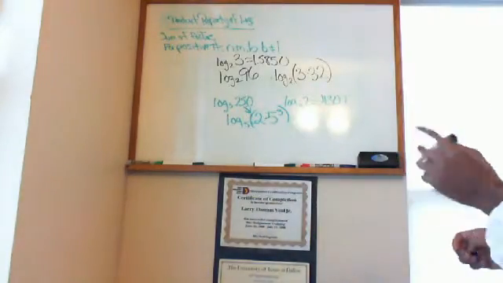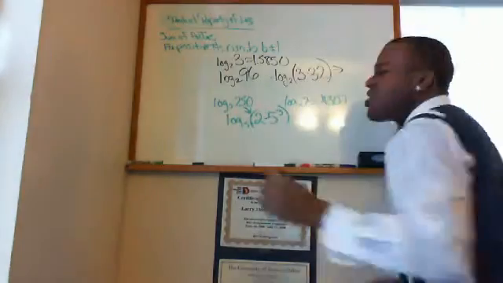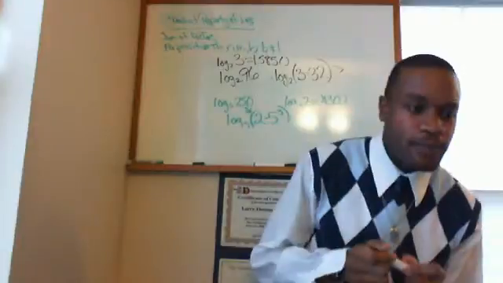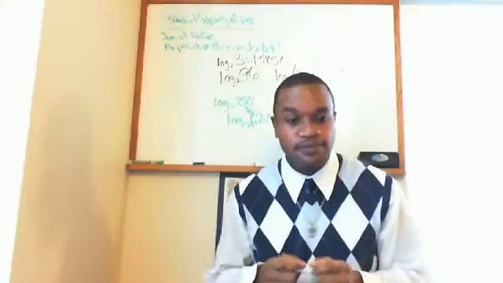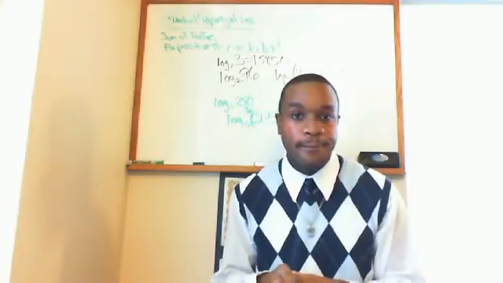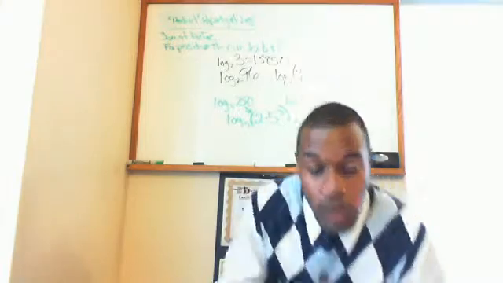Okay, cool. Now, 32 is basically, isn't it maybe 2 to the 5th? Try it on the calculator. Tell me if it's 2 to the 5th real quick. Let me know what you think. Yeah, it is. Okay, cool.